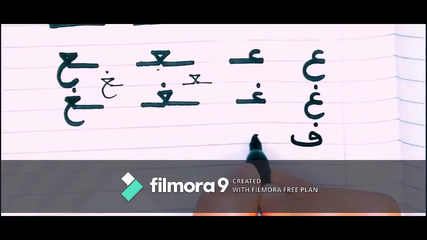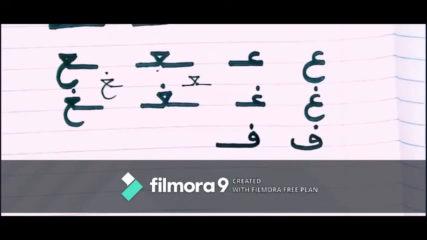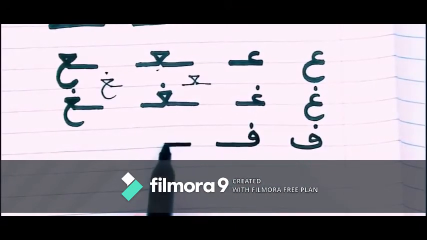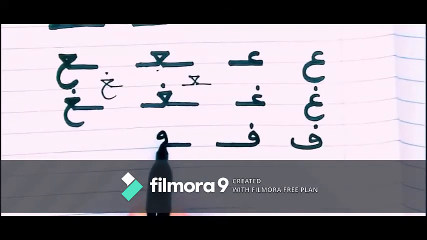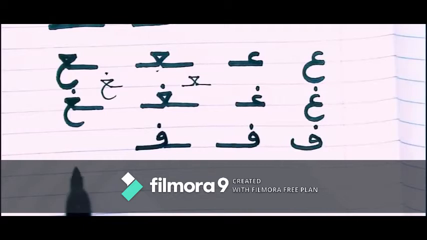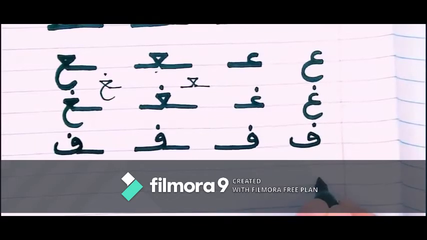And then we have fa. You don't curve it, you keep it straight. In the middle, you just do the line, and then you write it again, keep it straight. And then at the end, that's when you do the curve. Same thing as qaf.